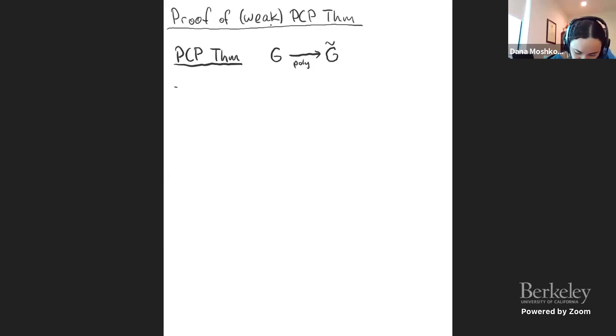if G is three-colorable, then so is G tilde.